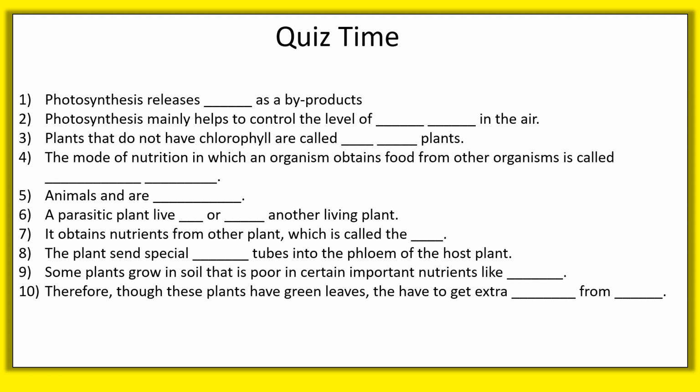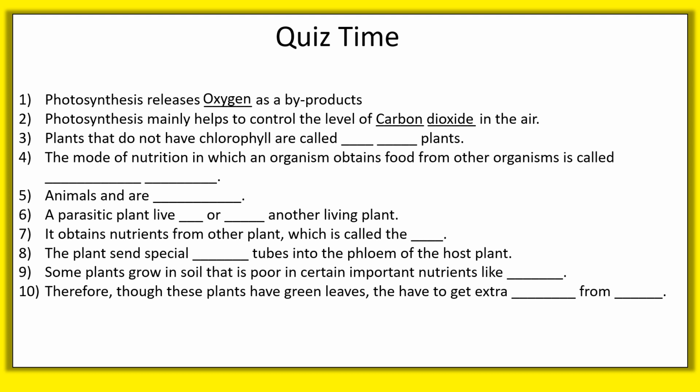The answer is oxygen. Second, photosynthesis mainly helps to control the level of dash in the air. The time is up and the answer is carbon dioxide.